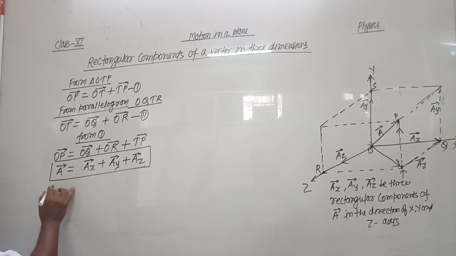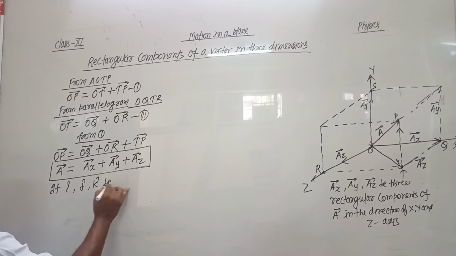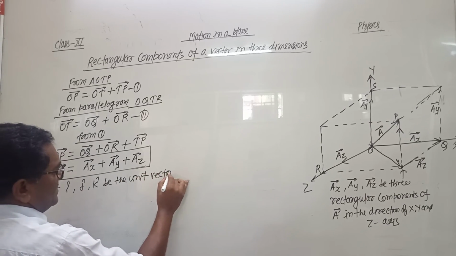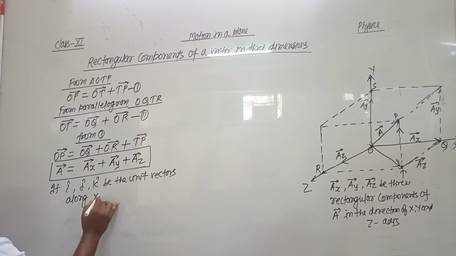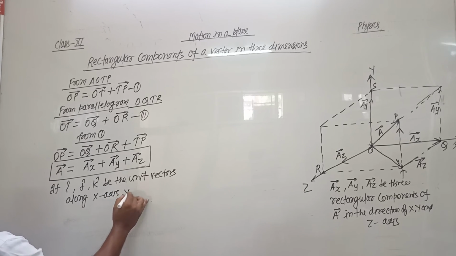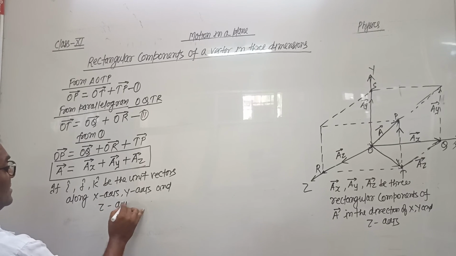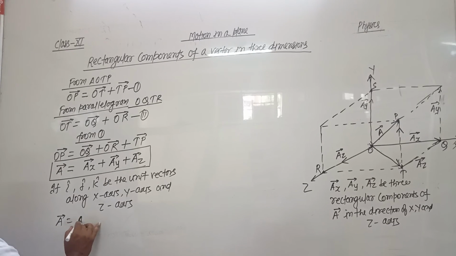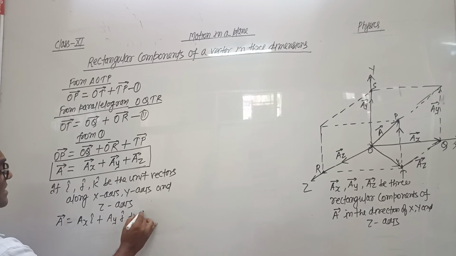And if i cap, j cap, k cap are the unit vectors along the X axis, Y axis and Z axis, then in that case the vector A can be written as AX i cap plus AY j cap plus AZ k cap.